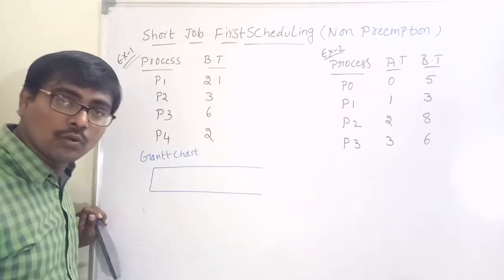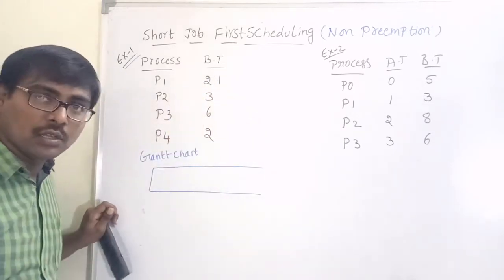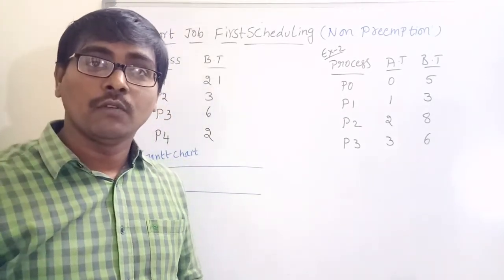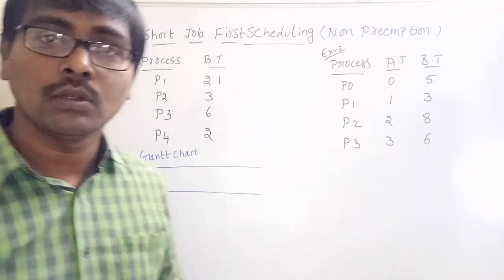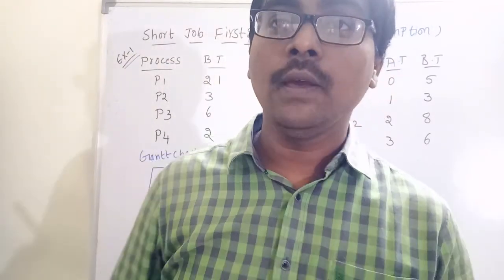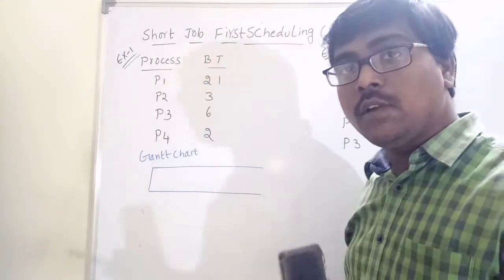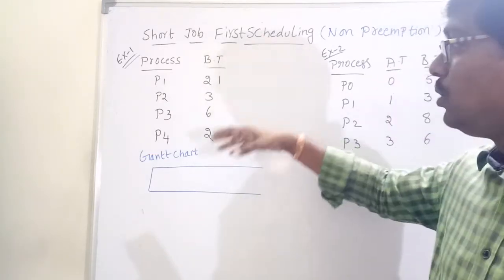So now all the processes enter into the system at a time. First, for which process are we allocating the CPU? See, if it is the FCFS scheduling algorithm, we can allocate the CPU to any process.